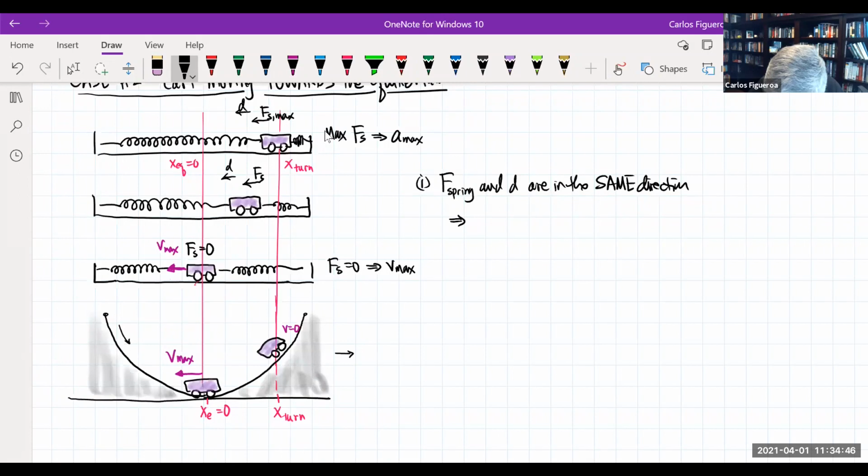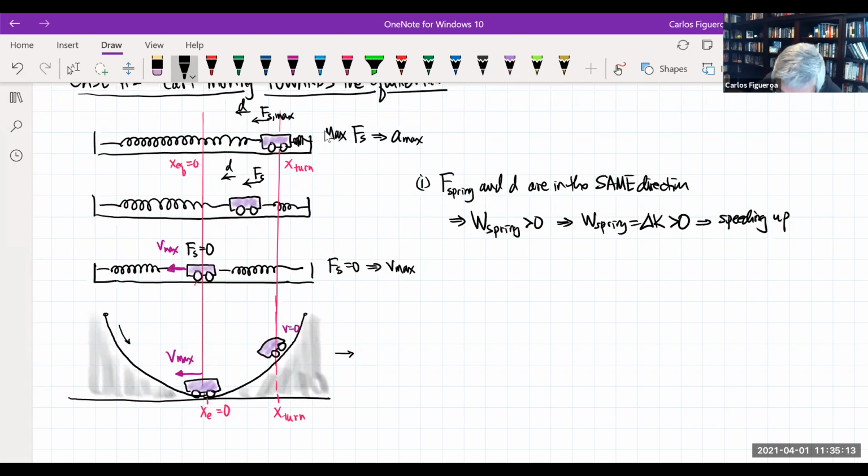That implies that the work of the spring is positive, so the work of the spring is going to change the kinetic energy positively. So it should be speeding up. There's an increase in speed.